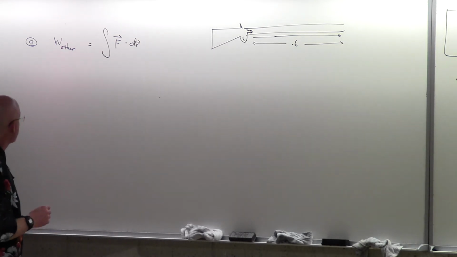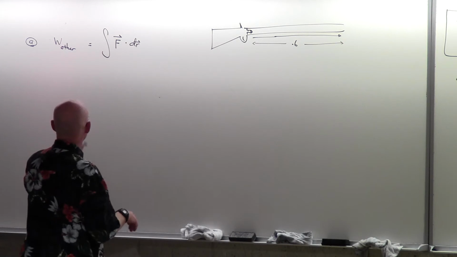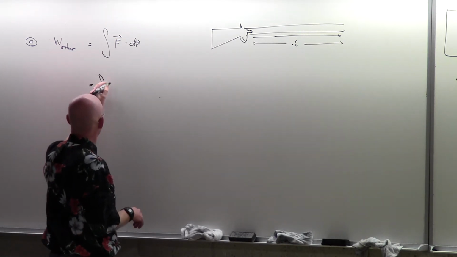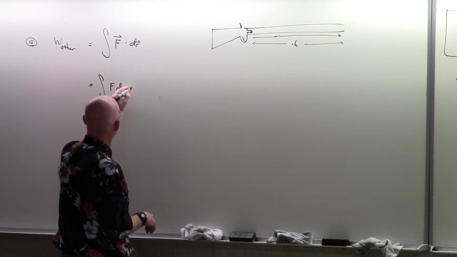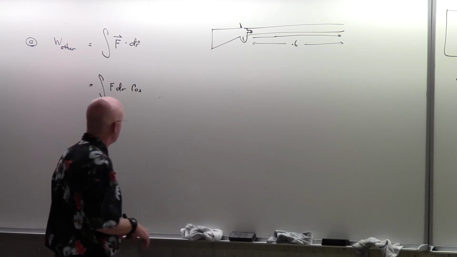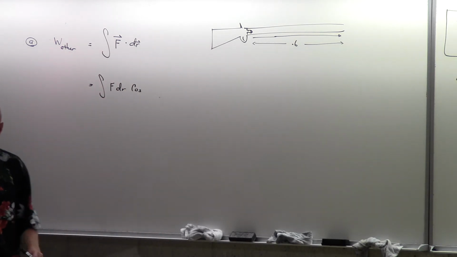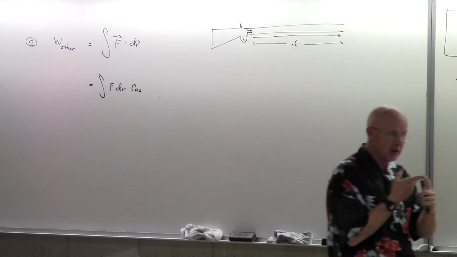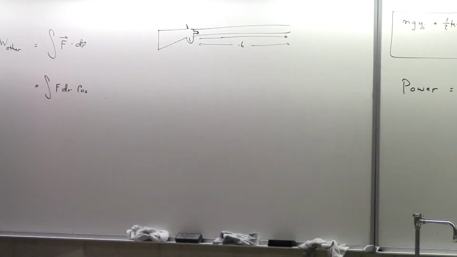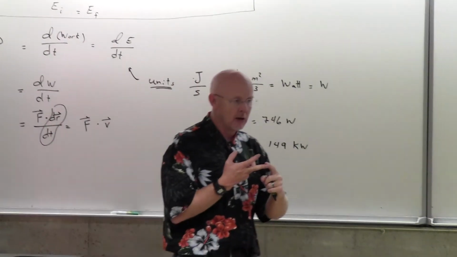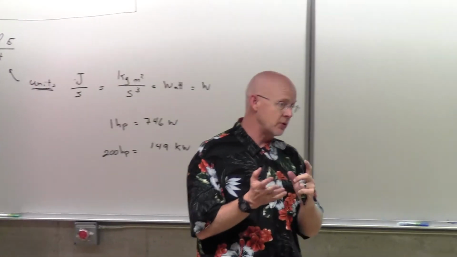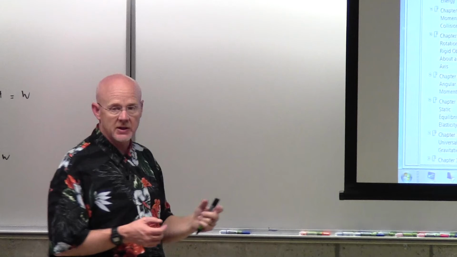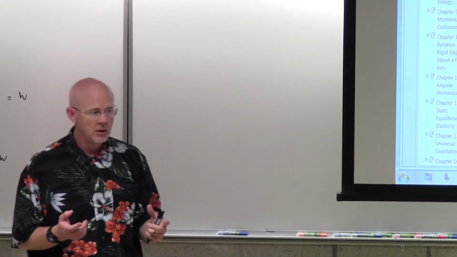Okay? I suppose the first thing to do is to take the dot product. But this is probably the easiest step of all. Remember, we said a dot product would be the magnitude of the force times the magnitude of the other vector, which would be dr, times cosine of the angle between them. Well, in this case, what is the angle between them? 0, right?